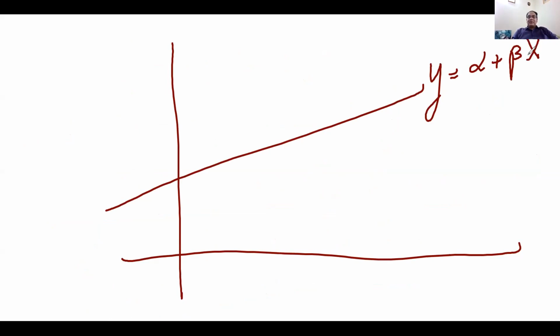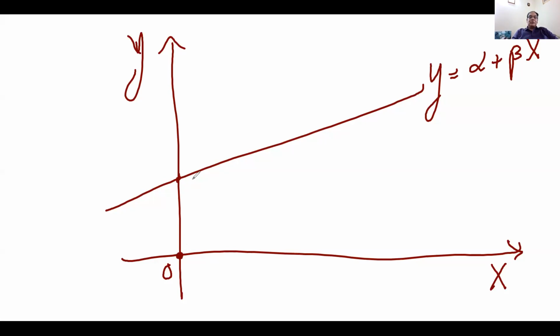If I ask where alpha is in that line, we have to find where x is equal to 0. This is x, this is y. At the point where x is equal to 0, the value of y is this.